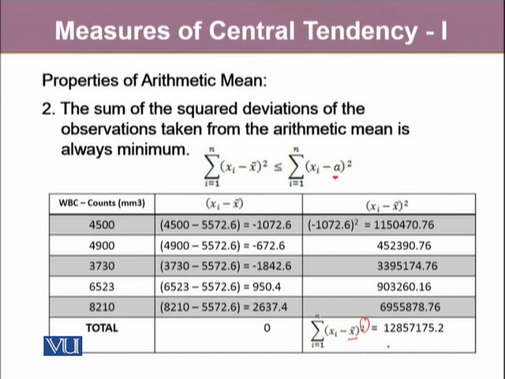But if instead of x bar, which is 5,572.6 here, we use any other value, let's say 5,578, the sum is definitely going to be higher than when we use x bar in the deviations. Hence, the squared deviations are always going to be minimum if they are taken from the arithmetic mean.